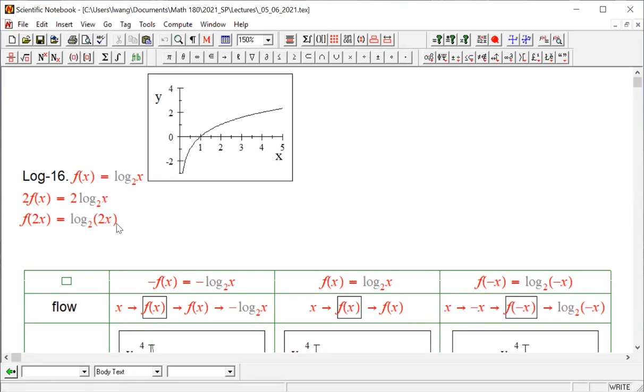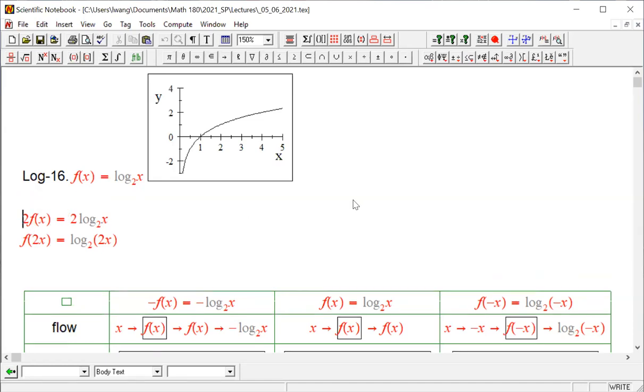We don't really need the parentheses, but just to emphasize that we do 2x. So that's the difference. Does everybody follow me? This is when we choose C equal to a number larger than 1, C equals 2.